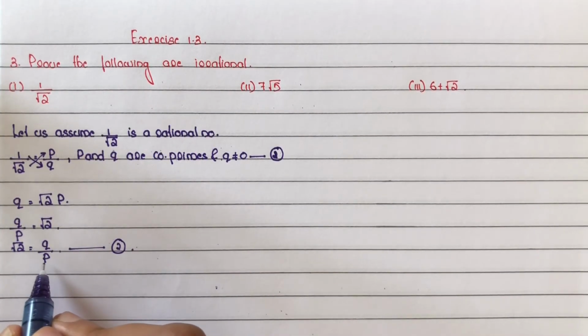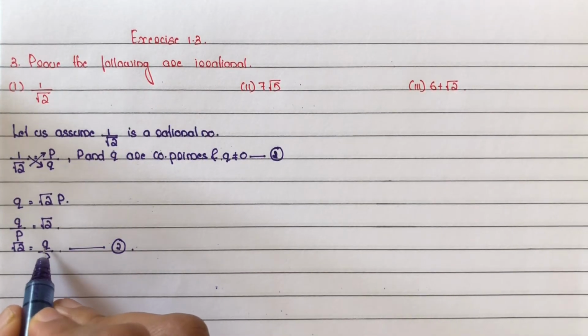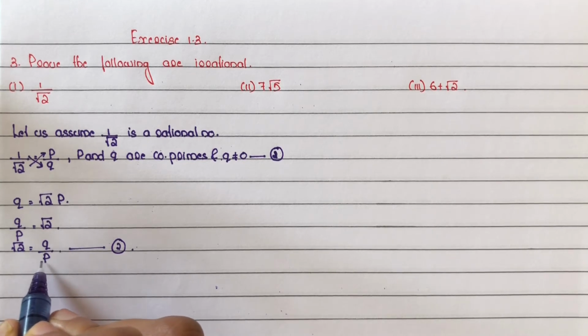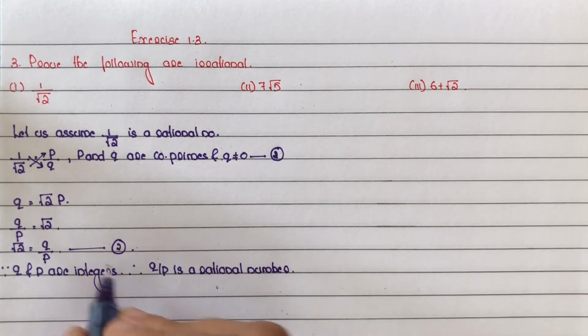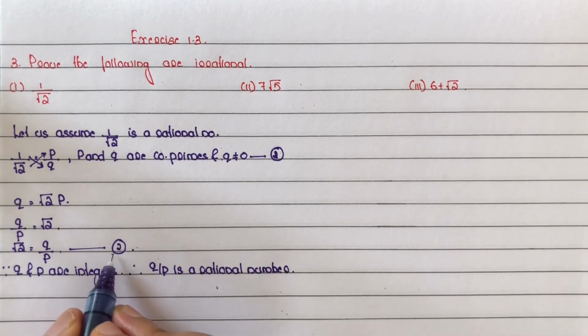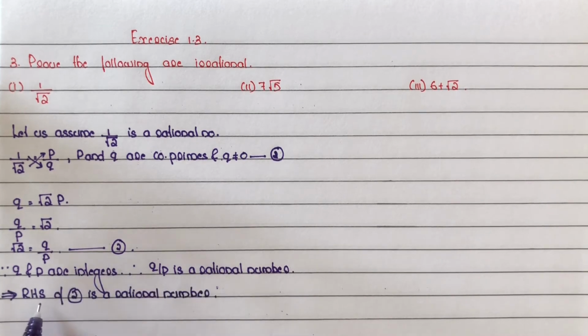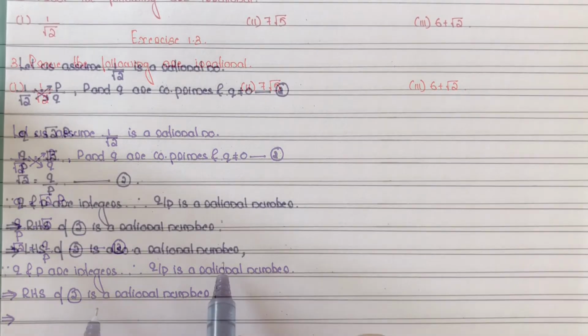Consider the RHS of the equation. Here q and p are integers. Therefore, q by p is a rational number. This implies the RHS of equation 2 is a rational number. If the RHS is a rational number, the LHS is also a rational number, because the LHS and RHS of an equation are equal.